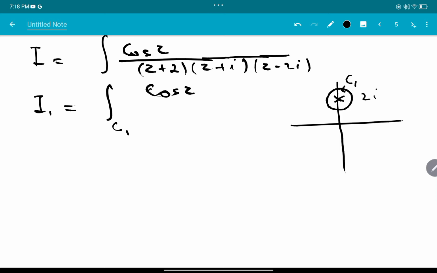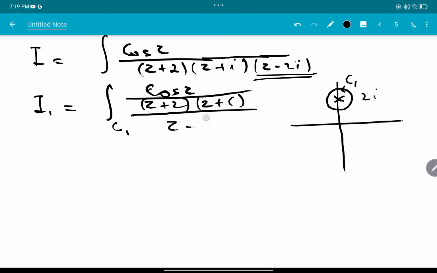Now what do we do? We rewrite this in such a way that we separate the singularity factor. The singularity factor is z minus 2i equal to 0. We make it the denominator and the rest of it the numerator. That is, cos z divided by (z plus 2) into (z plus i), whole divided by (z minus 2i) dz.